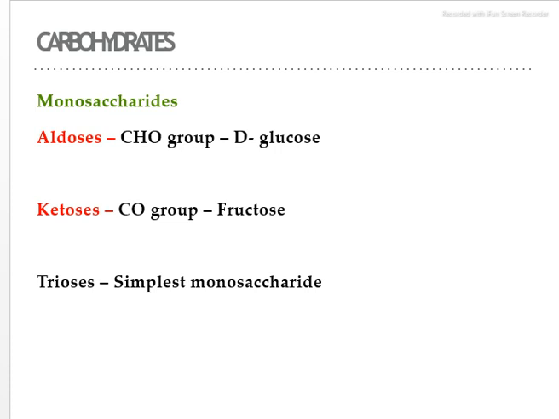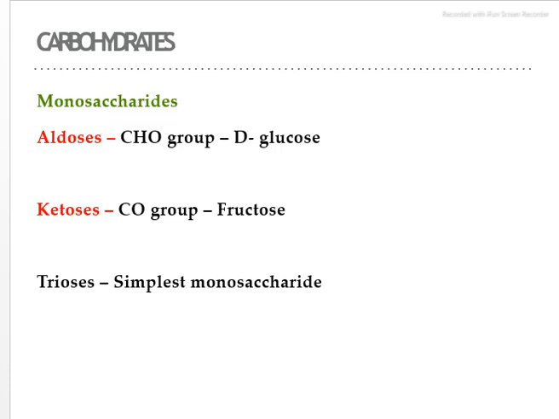The example is D-glucose. Ketoses have a CO group as a functional group, meaning ketones. Example is fructose. So fructose is called keto sugar and D-glucose is called aldose sugar.